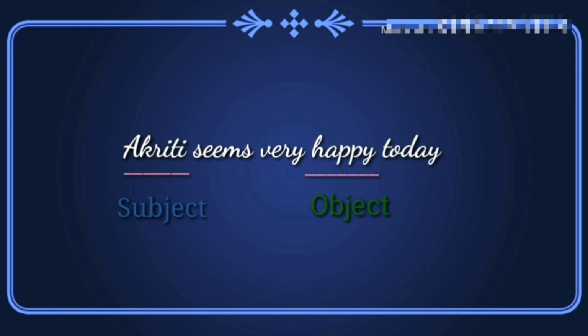Okay, it is actually a complement. So the complement is in the form of an object. Akriti, that is a human being, it is actually affecting our object. ठीक है, तो इस प्रकार से हम कह सकते हैं कि an object is also a word that is affected by our subject.